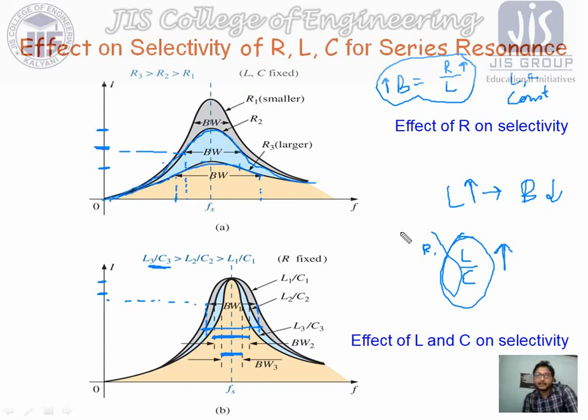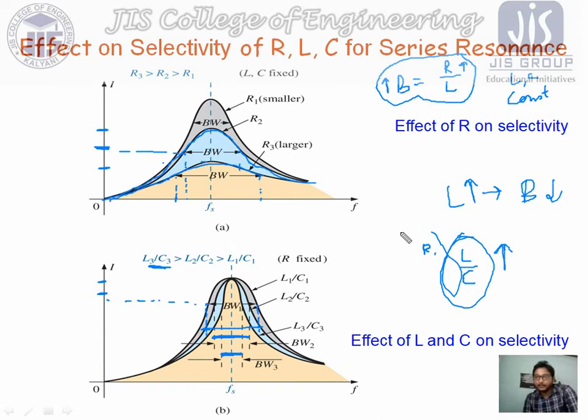It means we can change the bandwidth, as well as the selectivity of the circuit. As per today's lesson, we have seen what the maximum power is that can be drawn by the circuit. Similarly, what the half power is, and what the frequency is for that half power.